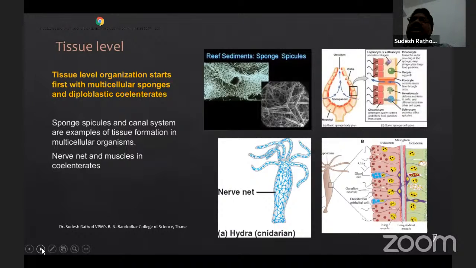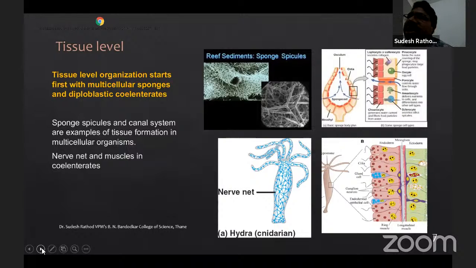So that's how. And on the right hand side, again, the body wall of Hydra will show you different kinds of cells. So cells have become differentiated. So tissue is formed from similar kinds of cells which are differentiated. For example, the nerve net. If I talk about the muscle system of Hydra, then muscle tissue is developed from muscle cells.